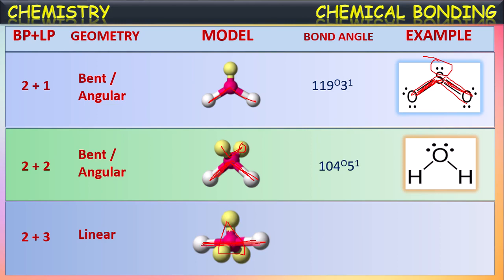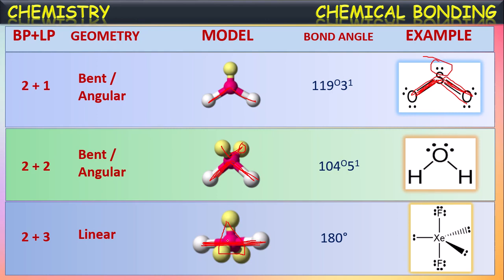So while predicting the shape, we consider only bond pairs, remember that. Now because of these three lone pairs, these two came to linear shape. As it is in the linear shape, what will be the bond angle? 180 degrees. An example for the molecules having this kind of structure is xenon difluoride.